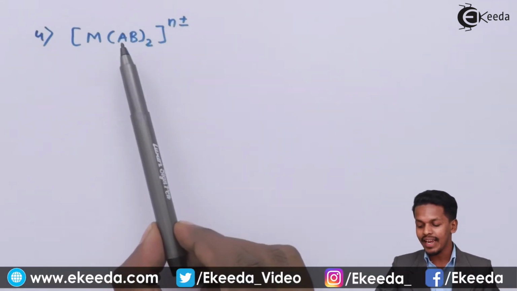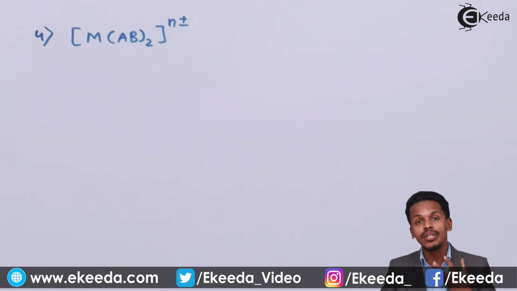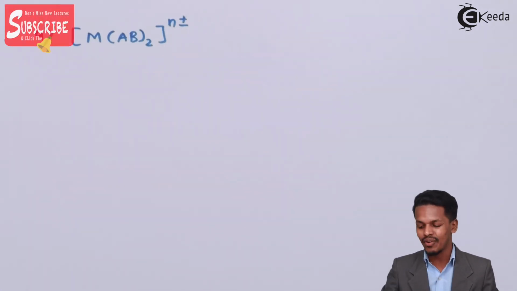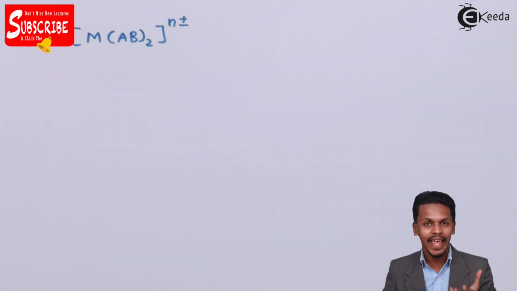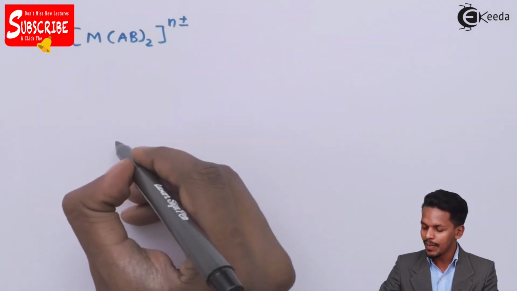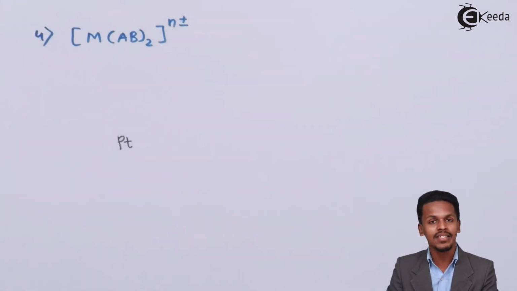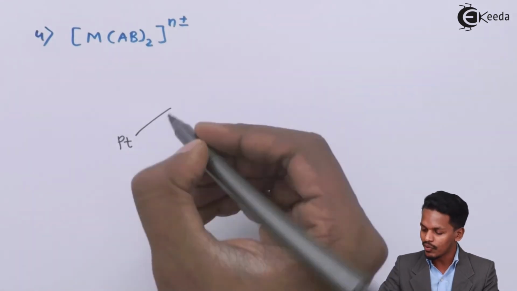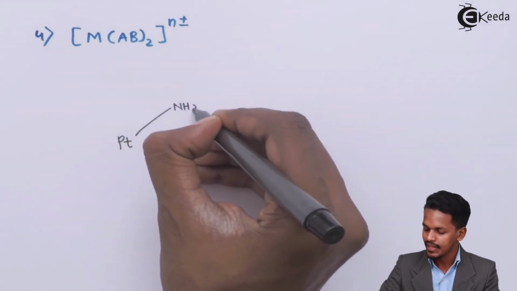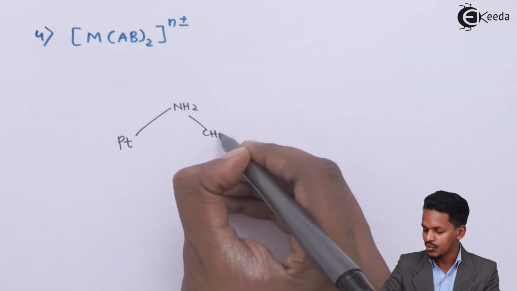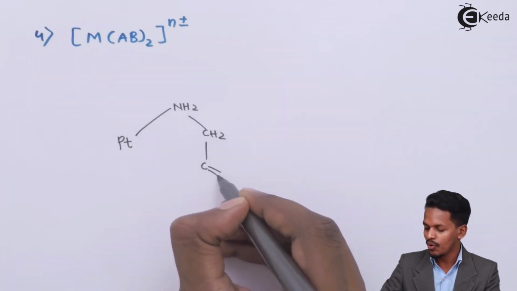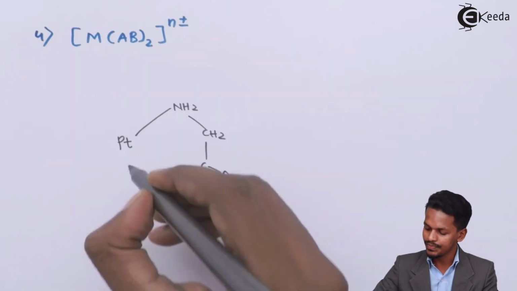Here the capital A and capital B represent the chelate ligand, and based on the difference in position and arrangement, I am going to talk about it with the help of an example. Suppose I am considering the central metal atom as platinum, and the arrangement of the chelate ligand is such that here I get NH2, here CH2, this is C double bond O, and here there is O.